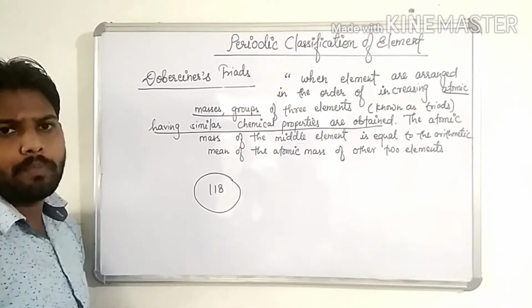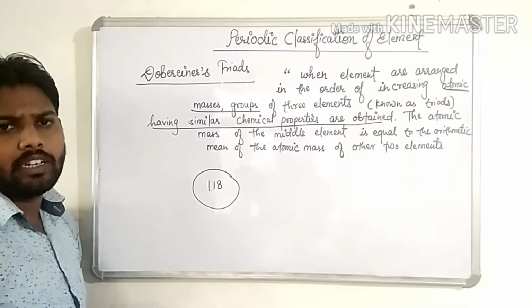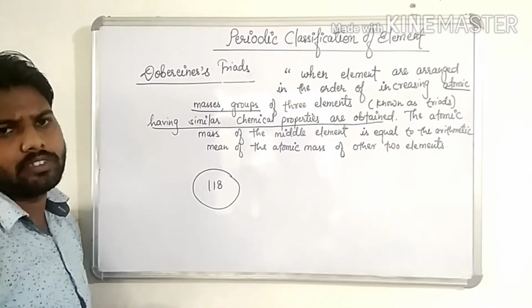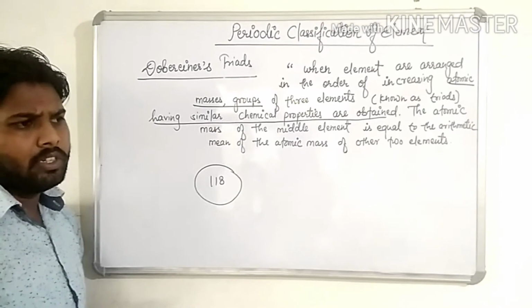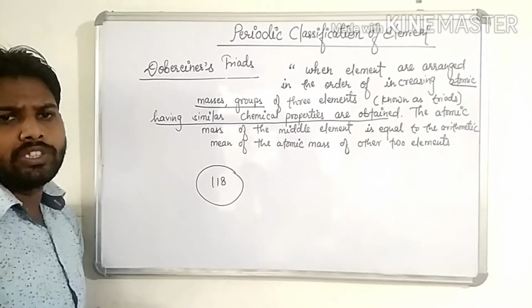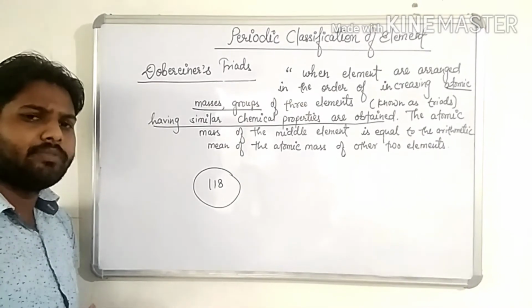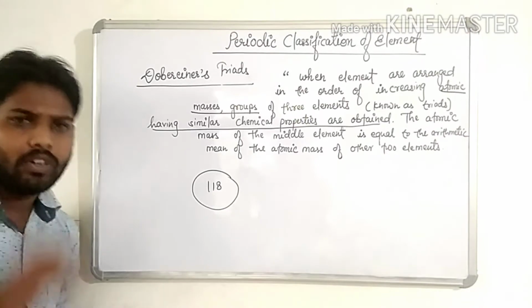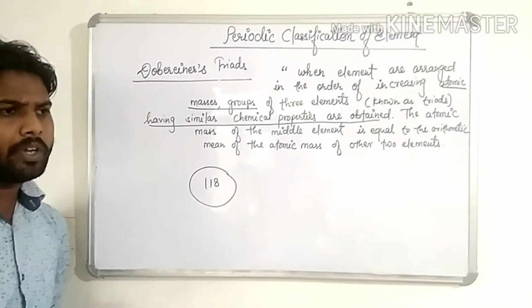In this, children, elements are classified on the basis of their properties. Okay, means there are certain elements which show similar chemical properties that were put in the same group, and that is called a family.